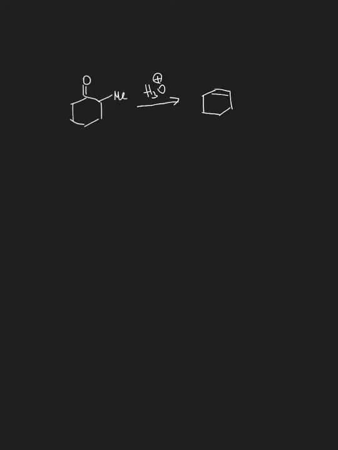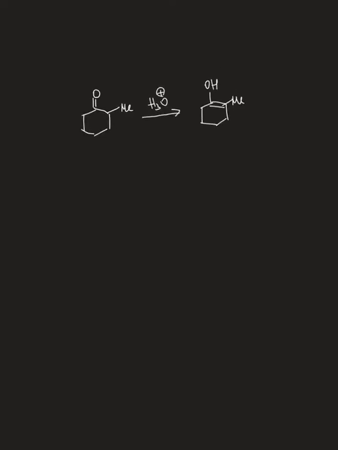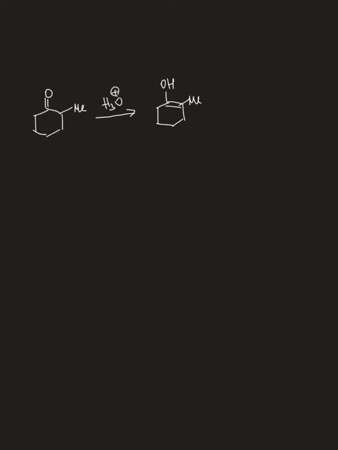So you will form this enol, and then when this reacts with Br2, it will give you this higher substituted alpha bromo ketone. Okay.